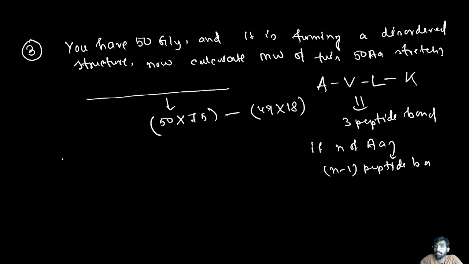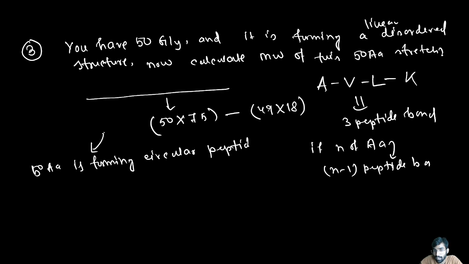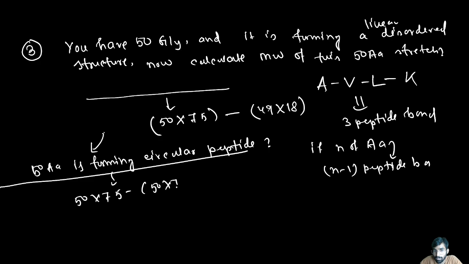And similarly, if I tell you the same question but mention that the 50 amino acids form a circular peptide, at that time what will happen? At that time, 50 into 75 minus 50 into 18, because suppose A, B, L, K, and again K will be connected to A.